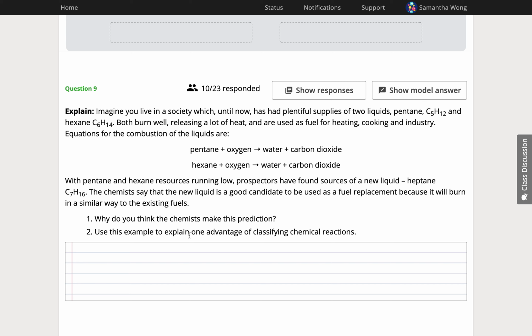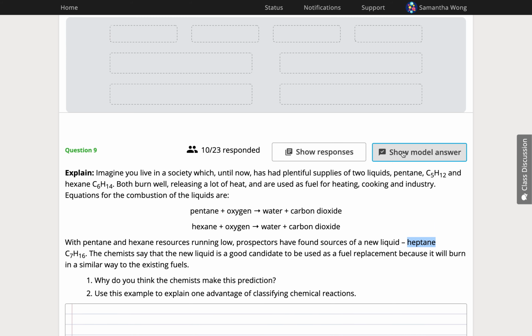So, take a moment to look at your 3 liquids, pentane, hexane, and heptane. Look at what they are all made up of. Pentane, hexane, and heptane are all made up of only carbons and hydrogens. The only difference between the 3 of them is how many carbons, how many hydrogens.